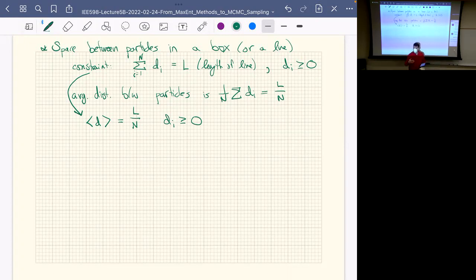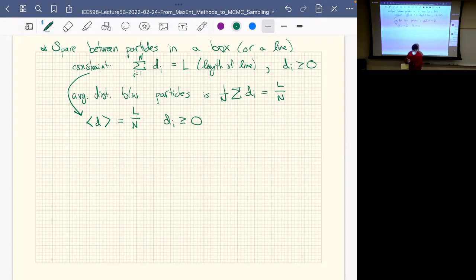You could come up with a uniform distribution from 0 to 2L over n. And if you did that, that would give you an average distance of L over n, and all the distances would be greater than 0. But if you did that, you would be preventing there from being any distances outside of 2L over n. So just choosing the uniform distribution would not be a good choice here, because it adds in your own personal biases as an engineer and so on.